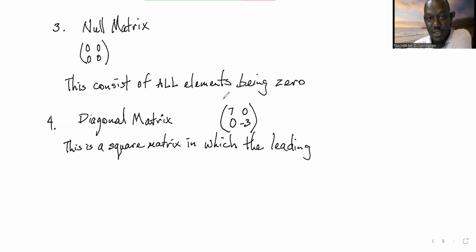So a diagonal goes this way. That's a diagonal. Now that direction is called a leading diagonal. So moving from top left to bottom right, it is called a leading diagonal.